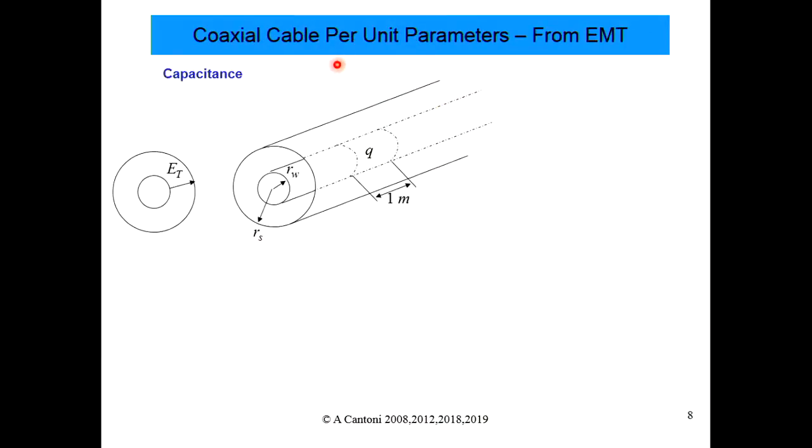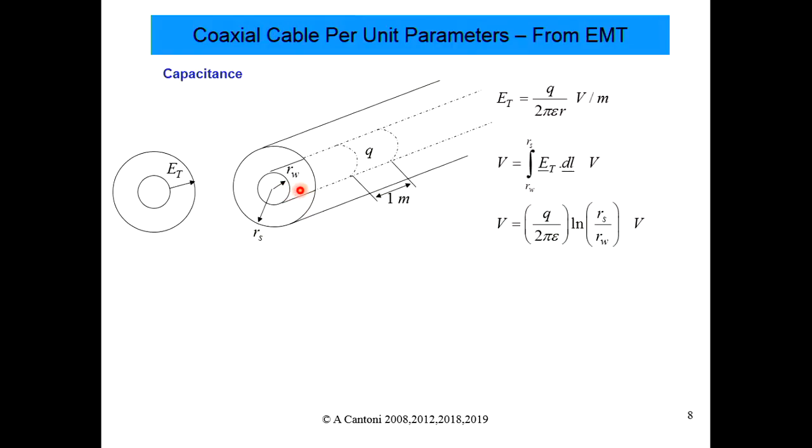Looking at actual transmission lines, the one that you saw in the lab was a coaxial line. So you had two conductors, the outer one hollow with diameter RS, and some smaller one inside that was solid with radius RW. For EMT, we'll see later, when we do these equations, we actually get an expression for the capacitance per unit meter, depending on the dielectric constant of the material between the conductors and the dimensions of the conductors.